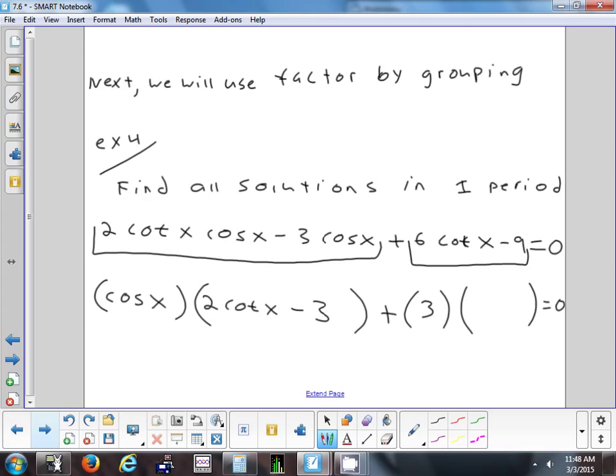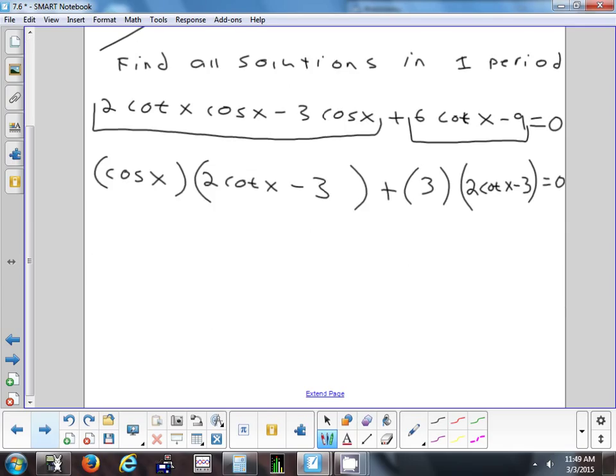Look what that's going to leave me with: 3 times 2 is 6 cotangent x, minus 3 times 3 is 9. 2 cotangent x minus 3. For factor by grouping, that has to happen. Now we can factor out what's common to both of those, which is 2 cotangent x minus 3.